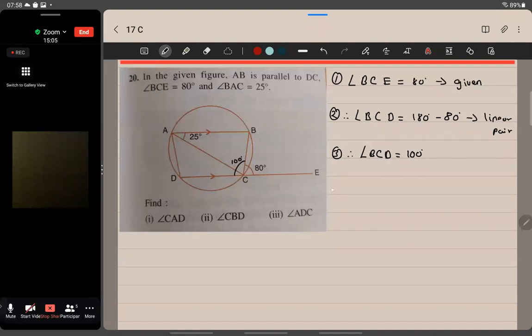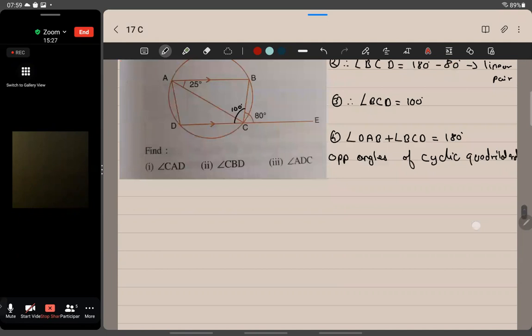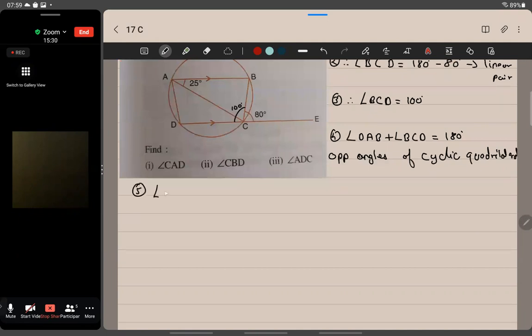Fourth point, angle DAB plus angle BCD is equal to 180 degrees. Reason: opposite angles of a cyclic quadrilateral. Now, fifth point, therefore, angle DAB is equal to 180 degrees minus 100, that is equal to 80 degrees.